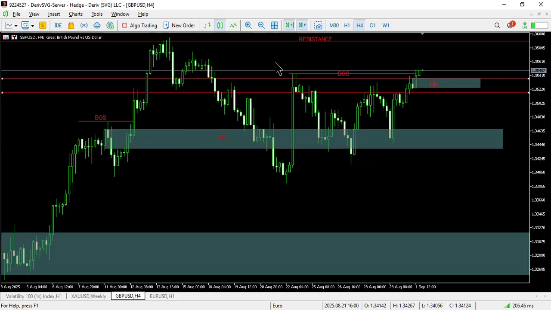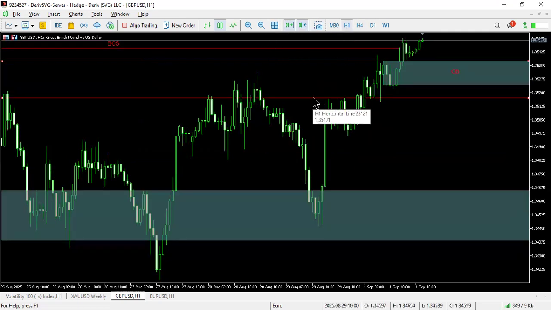Our entry price is at 1.35373, and then our stop loss is at 1.35171, and then our take profit will be at that resistance, which is at 1.35900.